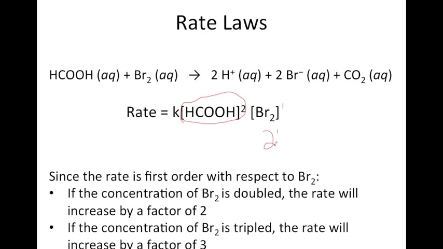So the rate would double. It wouldn't quadruple because it's first order, not second order. If we triple the concentration of bromine, since it's first order, the rate would triple. So the rate will change differently when we change the concentration of bromine as compared to HCOOH because they're different orders.